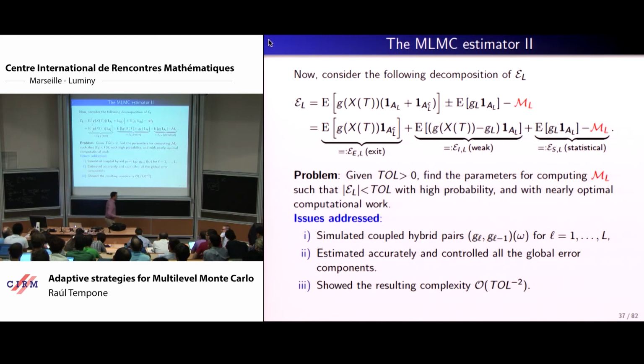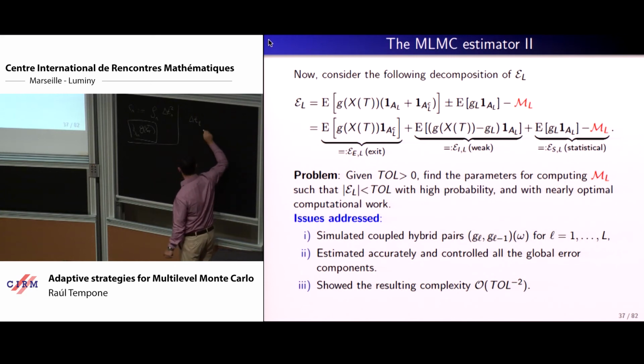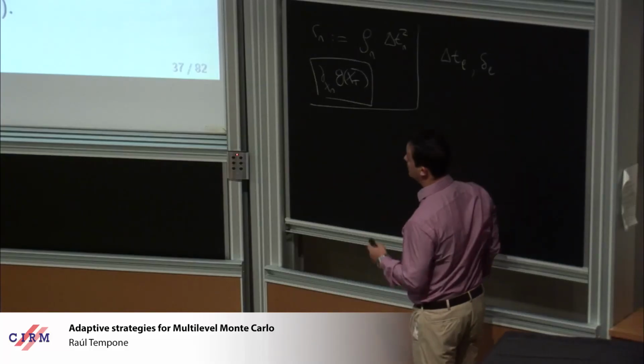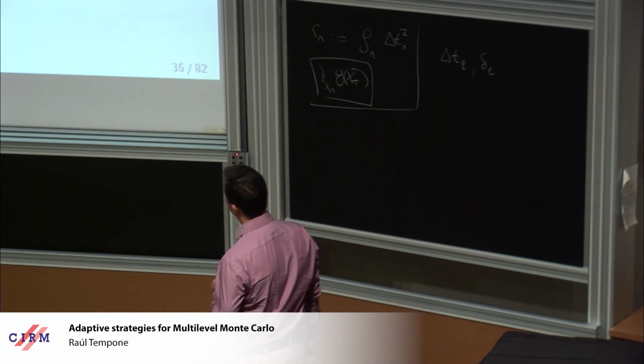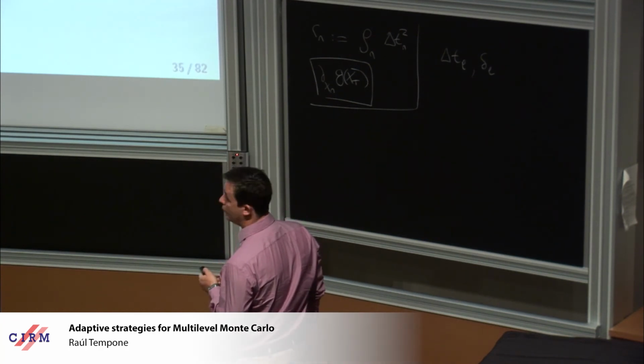I mean, each level in principle contains a delta t_l, but also a delta_l, because remember there was this probability of going out, right?